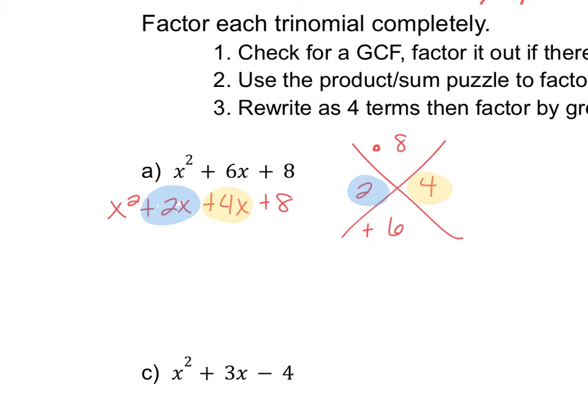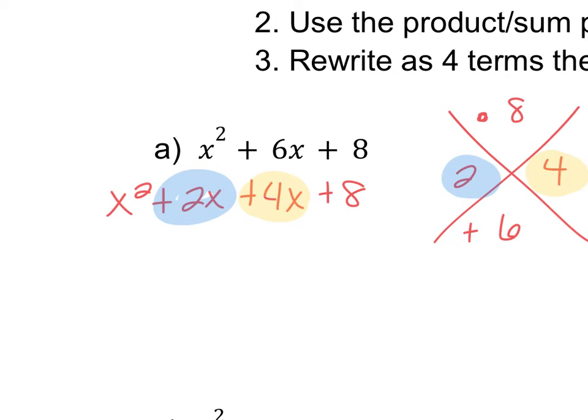So let's go ahead and factor by grouping like we did in the last video. Out of these first two, what can you divide? Looks like you can just divide an x, right? So that gives you x parentheses, and then x squared divided by x is x.